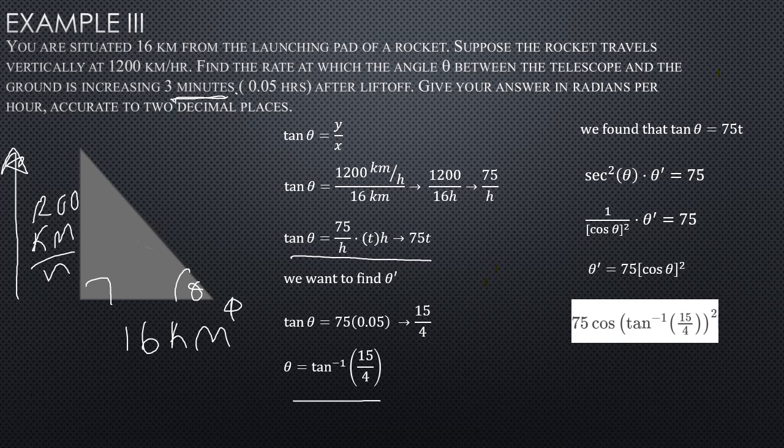You could simplify theta to be about 1.31, but you want to be as exact as possible. So I would advise plugging in the tangent inverse, plugging that whole thing into the calculator, just as it's expressed there. And once you do that, you'll get theta prime is equal to 4.98, rounding off to 2 decimal places. And that's in radians per hour.